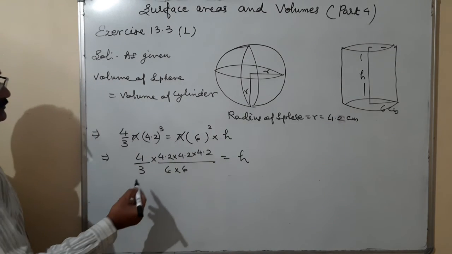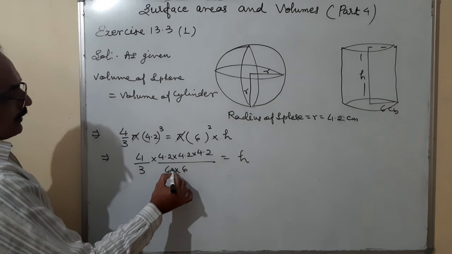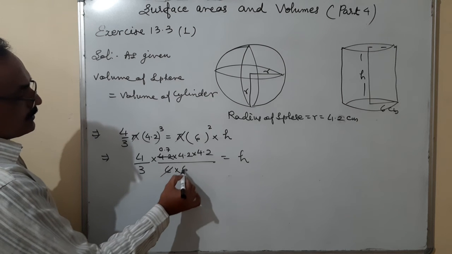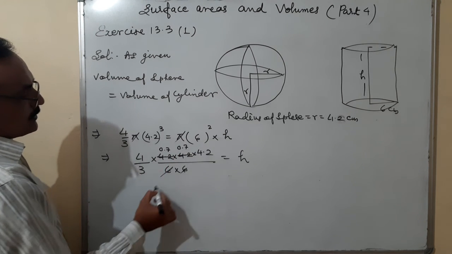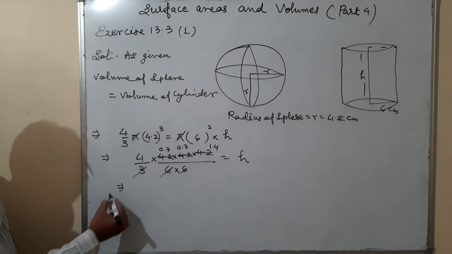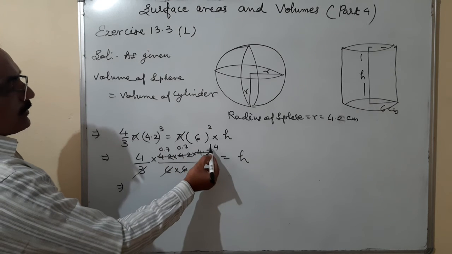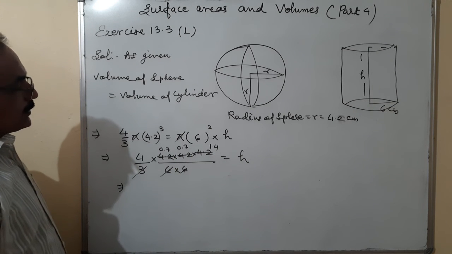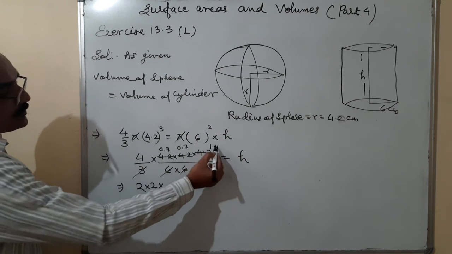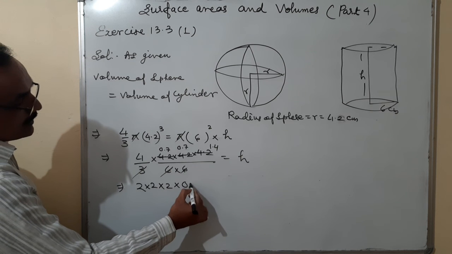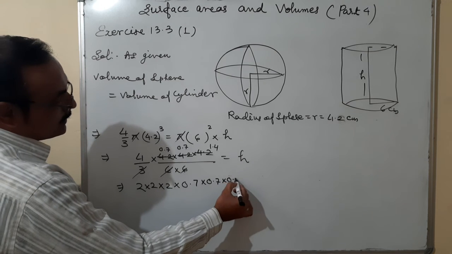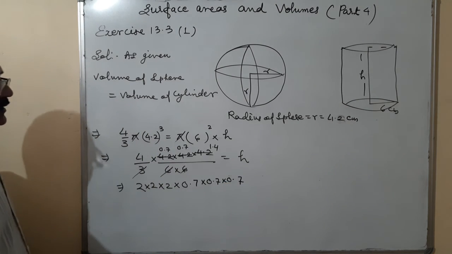Now we'll cancel the terms. 6 7s are 42, 0.7, and 1.4 is also 0.7 multiplied by 2. So we can write 2 into 2 into 1.2 multiplied by 0.7 into 0.7 into 0.7.